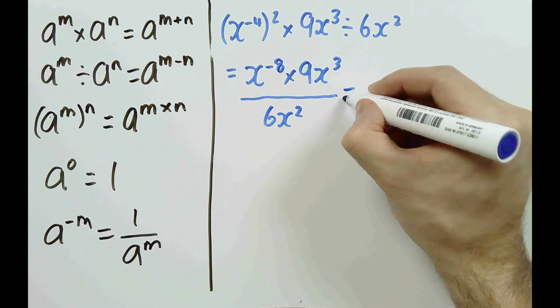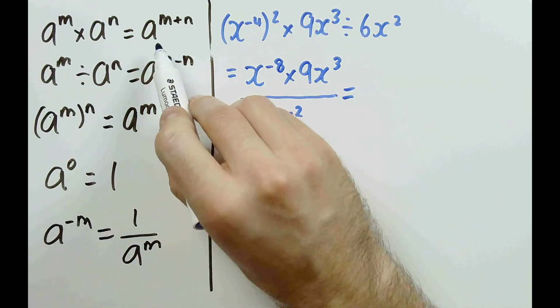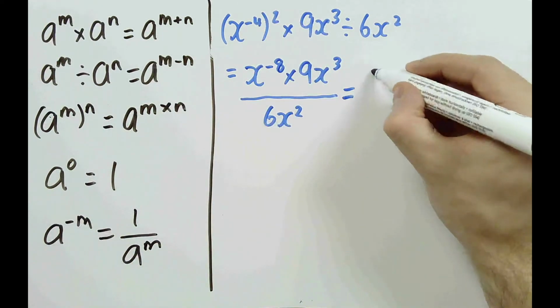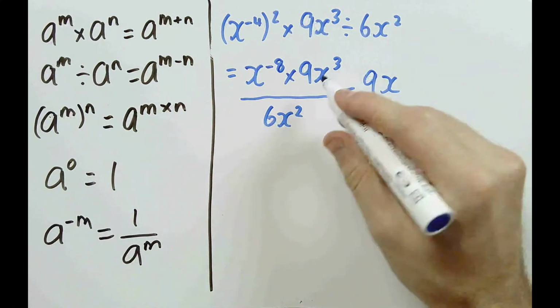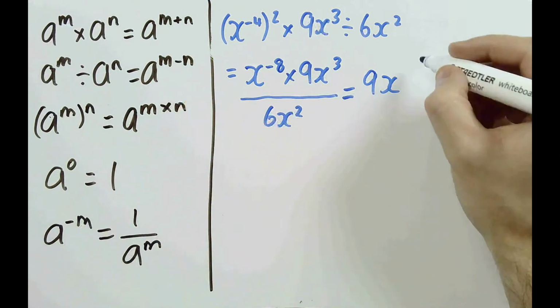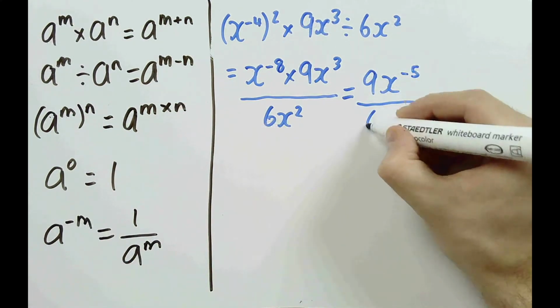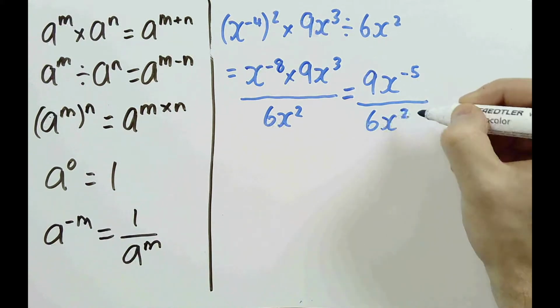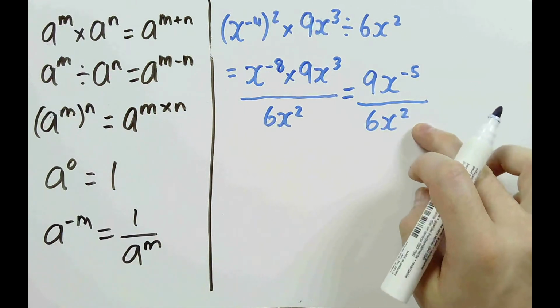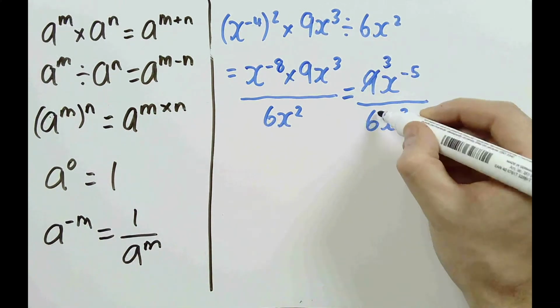So simplifying the numerator by using our first index law will result in 9x to the negative 8 plus 3, which is negative 5. And in the denominator, we can leave our 6x squared. So here we can cancel out 9 over 6 for 3 on 2.